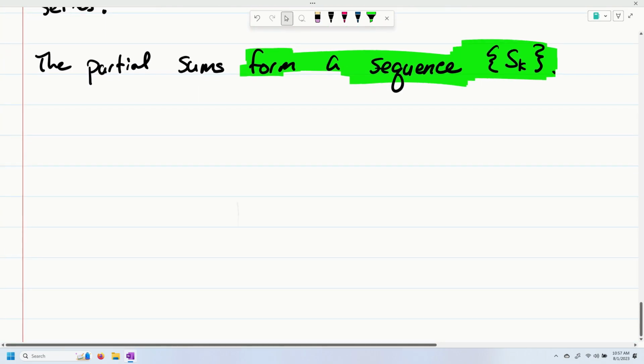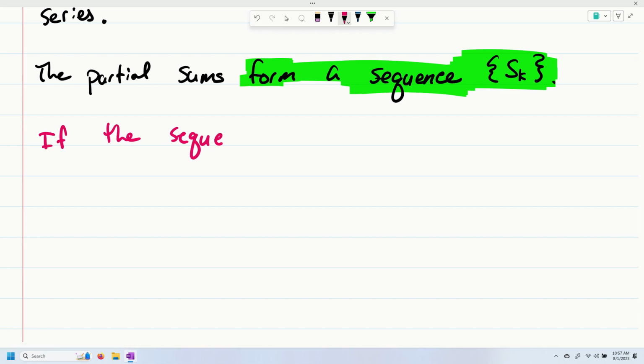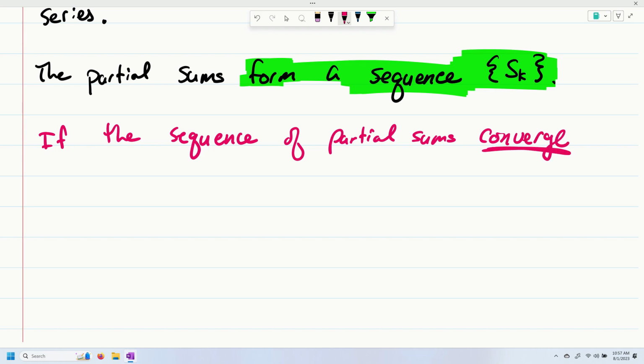Now, if the sequence converges, let me be more specific. If the sequence of partial sums converges, then the series converges.